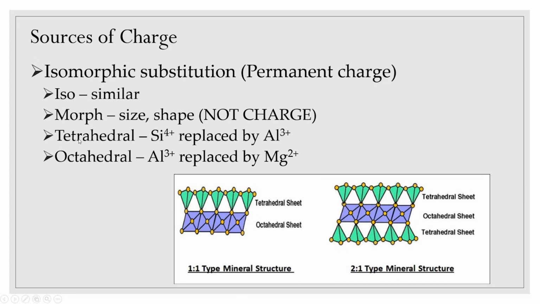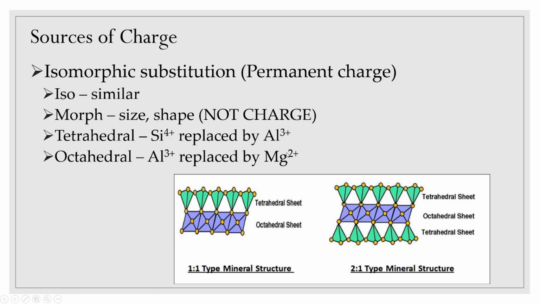So the thing we need to know is that in the tetrahedral, we're going to replace this silica 4+ with this aluminum 3+. And when we make that change, the charge in this tetrahedral layer will become more negative. In our octahedral layer, aluminum 3+ will be substituted by magnesium 2+.